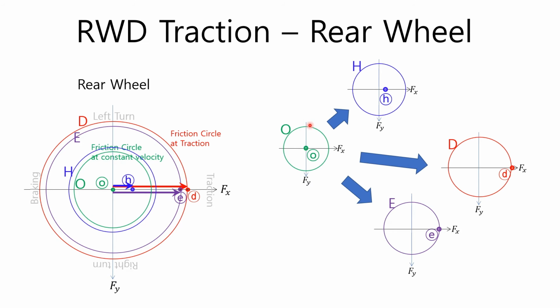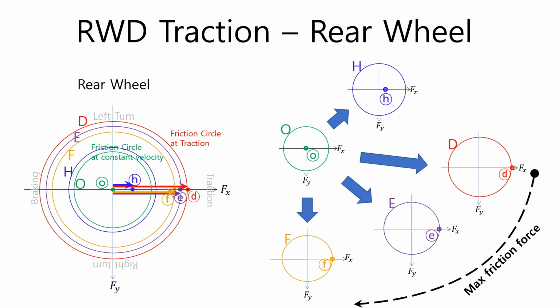In addition, when a large driving torque that can generate a force greater than the maximum friction force is applied, the rear wheel slip gets bigger as the force from the engine becomes greater than the friction force. The operating state also becomes the point E, less than the point D of the maximum friction force, and exists on the circumference of the friction circle E. As the size of the traction slip increases, the friction circle decreases.